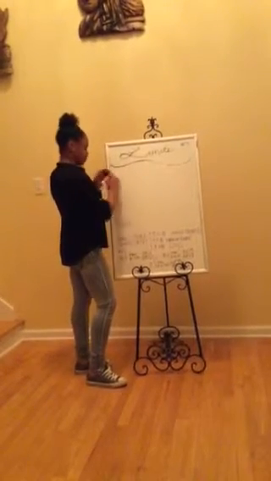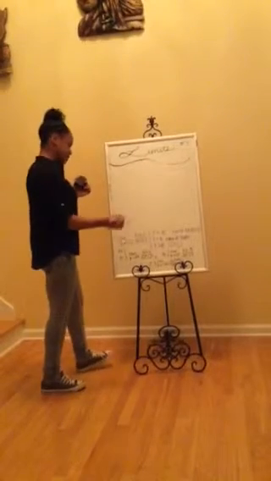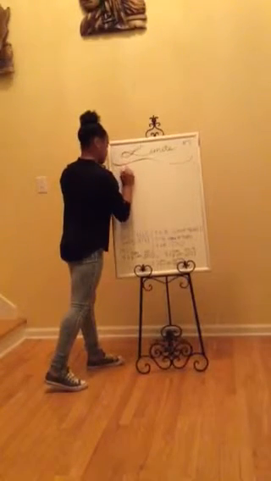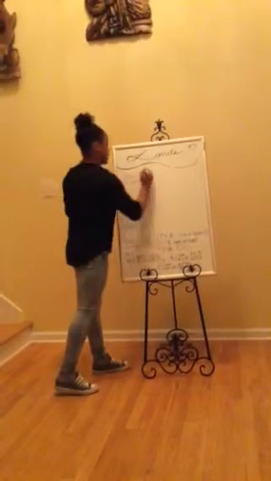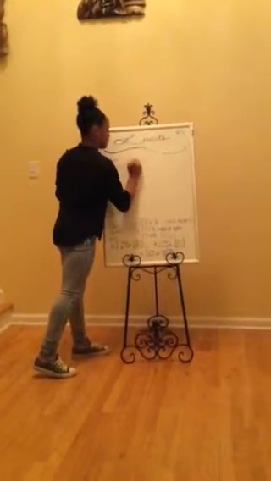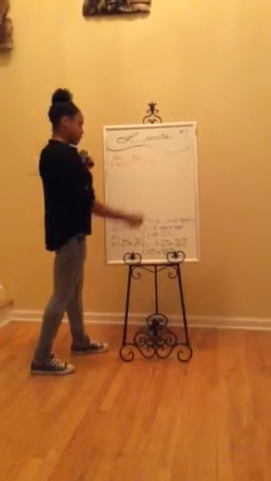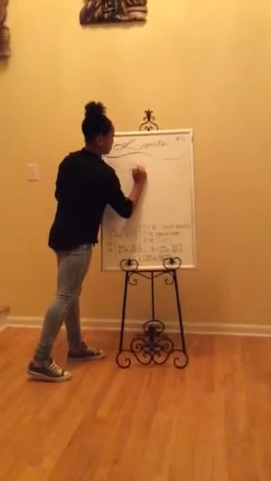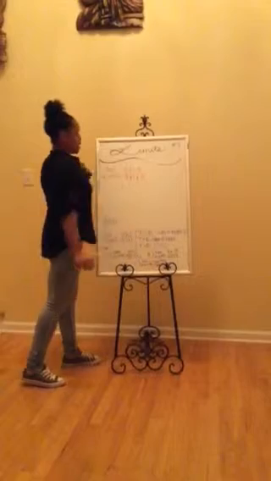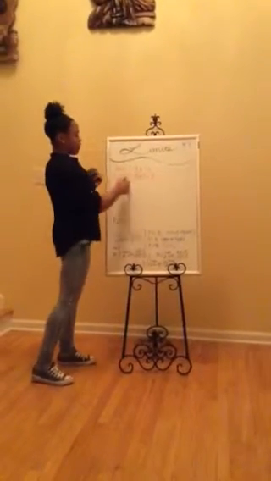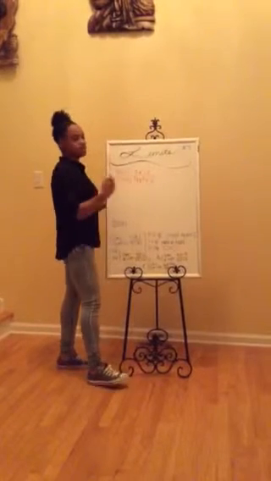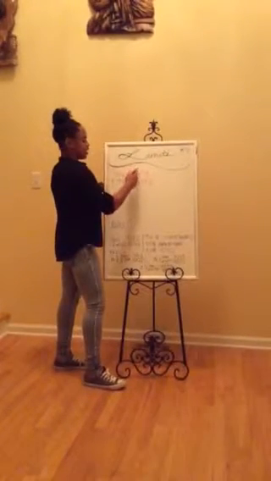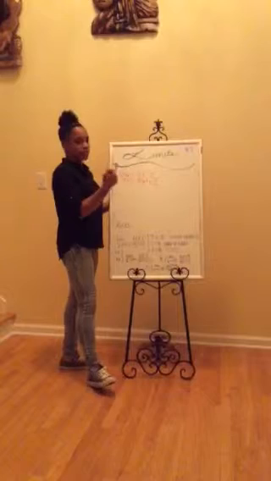For our next problem, we have the limit as x approaches infinity of 2x minus 5 over 4x squared plus 2. In this problem, our exponent on top is 1 because the x in 2x is understood to have a power of 1.